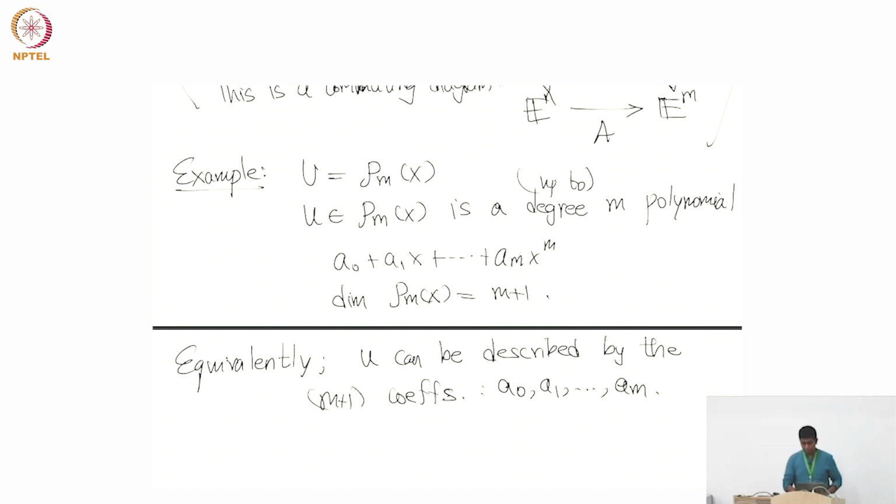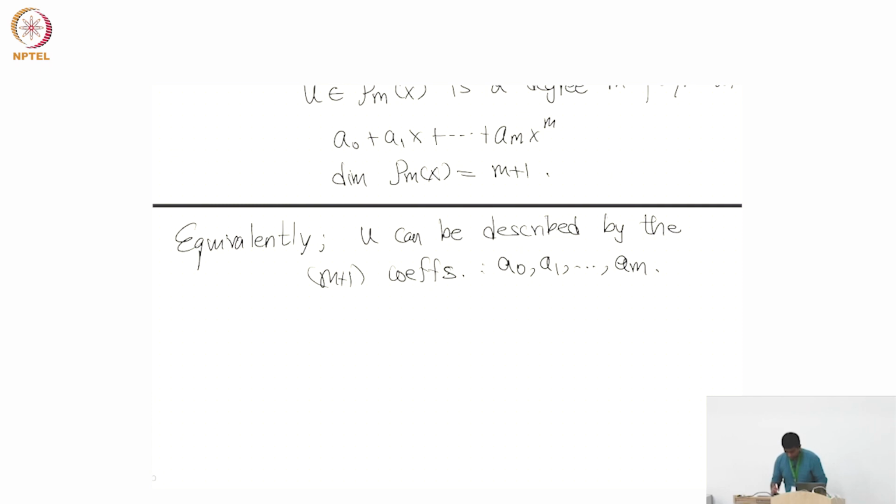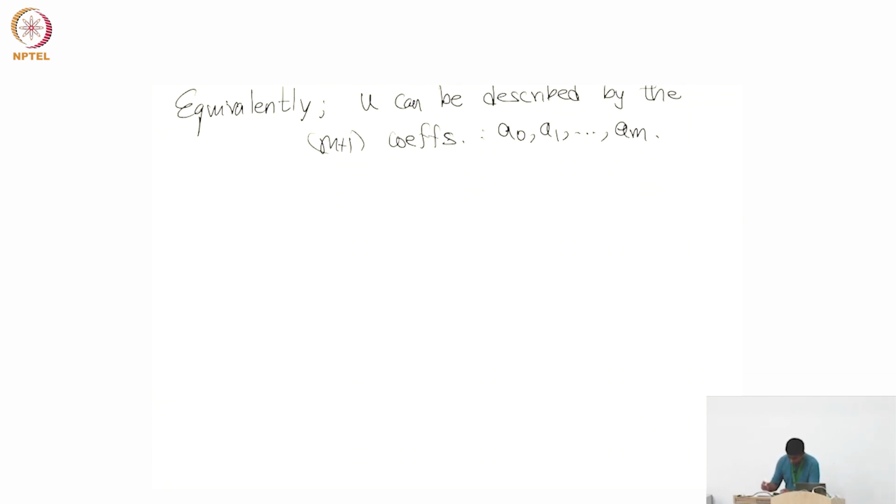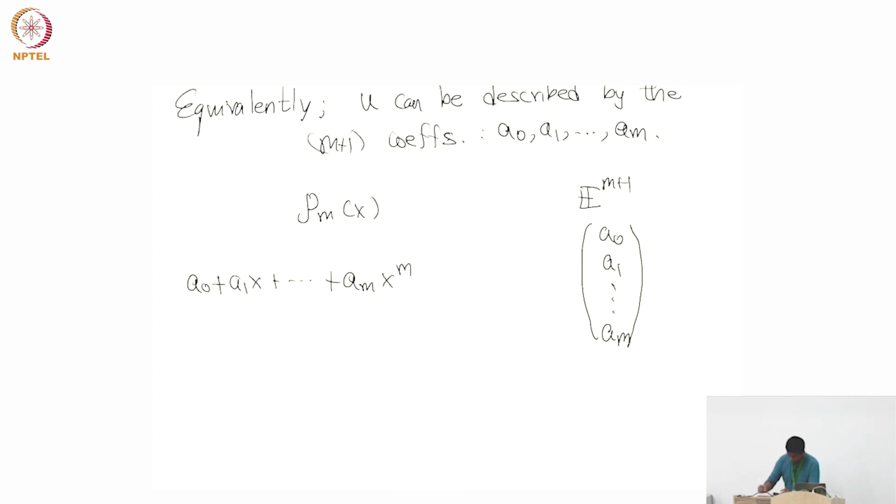Okay. So this is the duality. I have P_m(x), I have a0 plus a1 x plus ... plus am x to the power m, and here I have E^(m+1), where elements are of the form (a0, a1, ..., am) in this case. In this vector space, vectors are polynomials of this form.